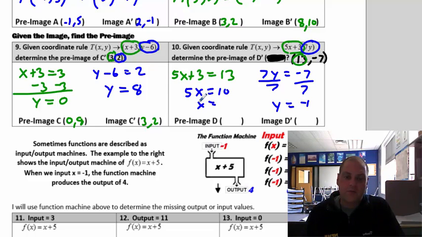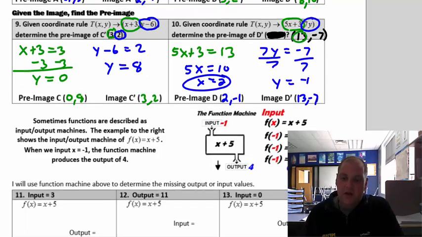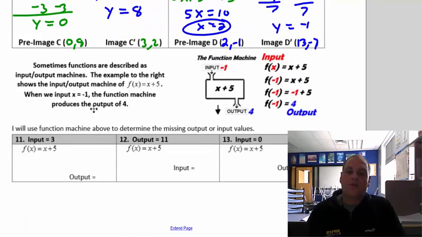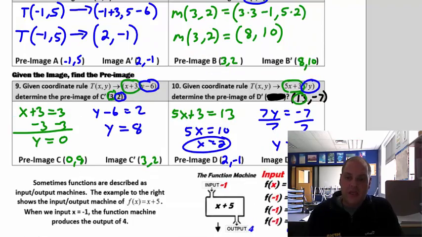X equals 2. Pretty basic, right? So 2, negative 1 is my preimage. And then my image is 13, negative 7.